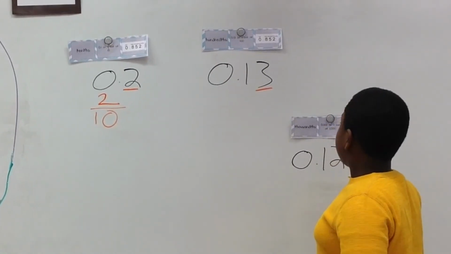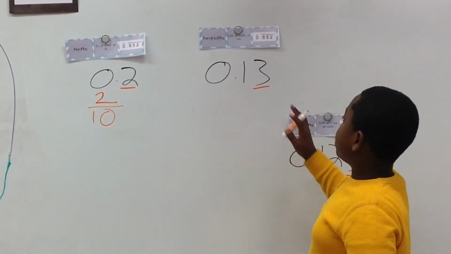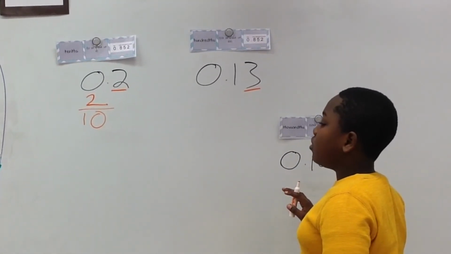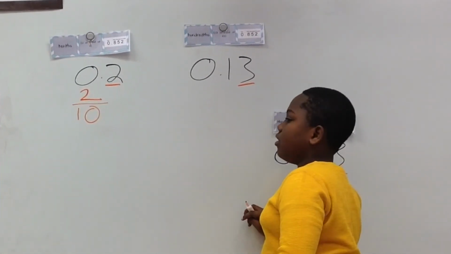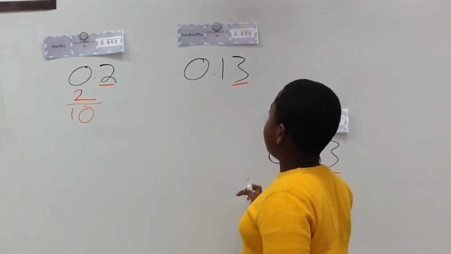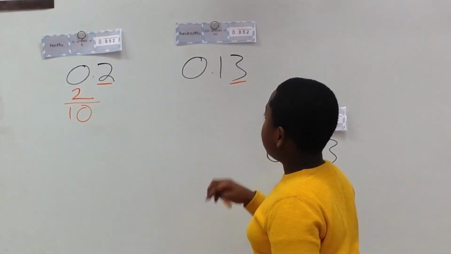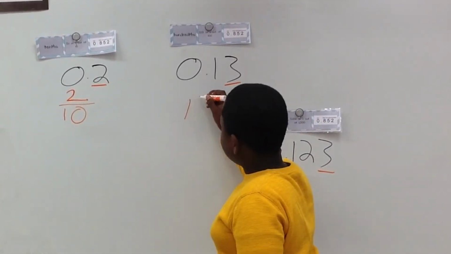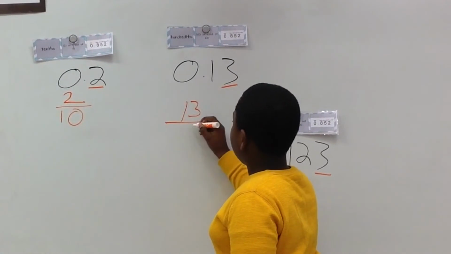So when you hear the hundreds, that means it's out of 100. So it's 13 out of 100.